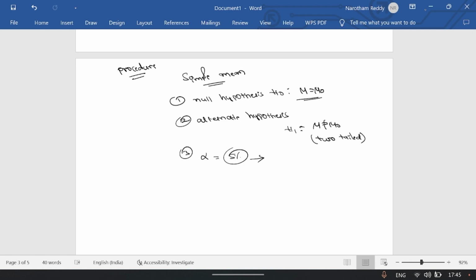So default level of significance as 5%. Next, degree of freedom, n minus 1, where n equals 10, 10 minus 1 equals 9.